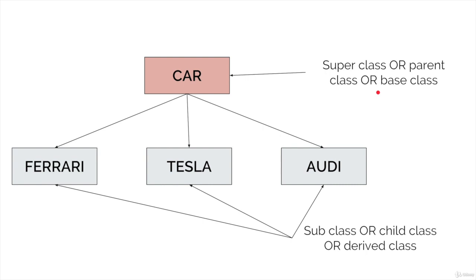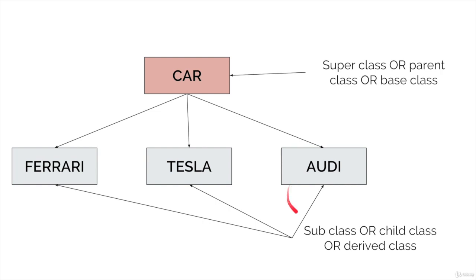So let me explain the different terminologies that everyone uses in Java to call parent and child classes. The car class is also known as the superclass, parent class, or base class, because this is the class that is getting extended by different classes.